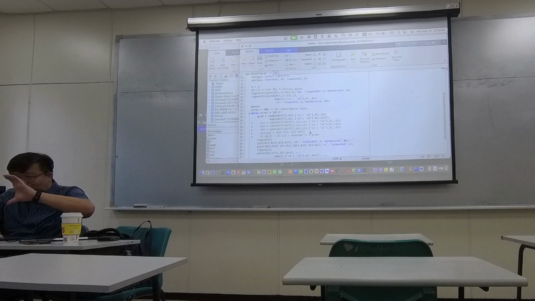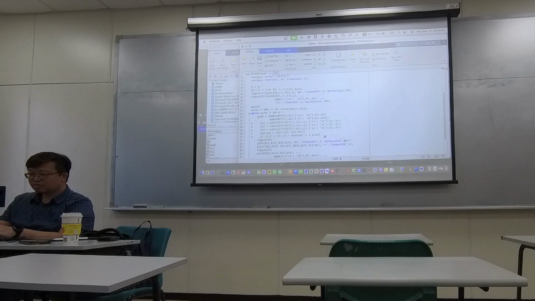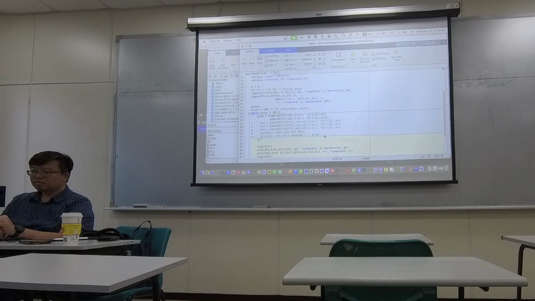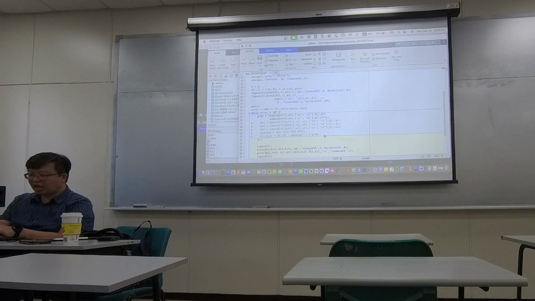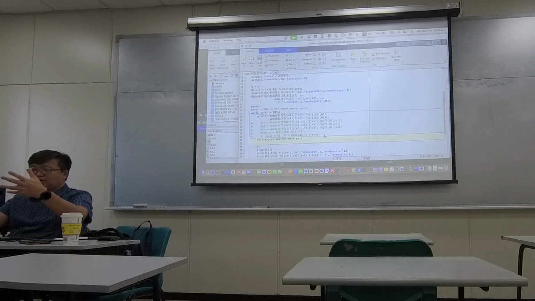So only this portion is changed. So this is where we have steepest descent, the main part. Okay. So you can later on figure out what's different.